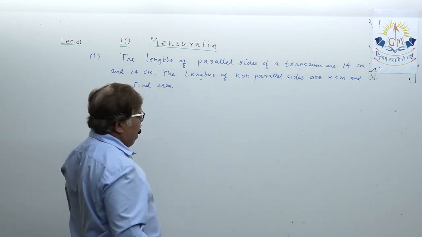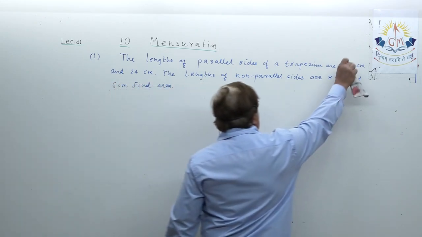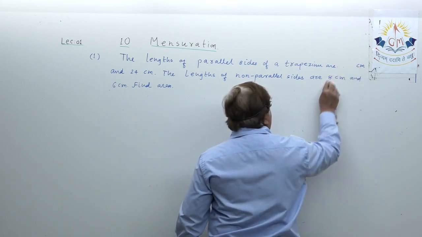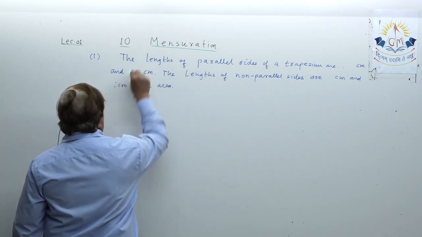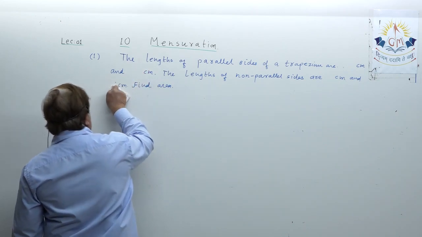I am going to erase some minor data. The length of the parallel side and non-parallel side I am just going to change, and then you will complete the sum.